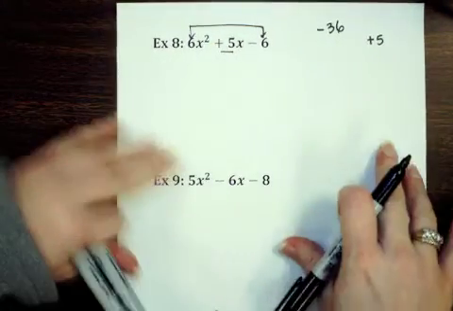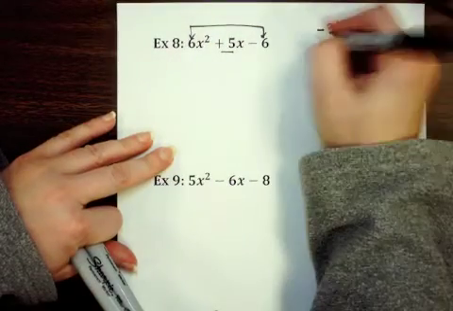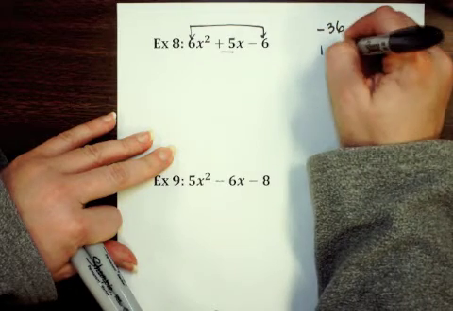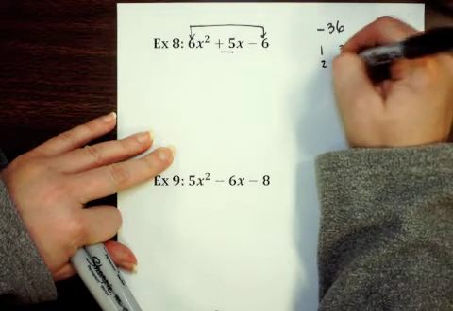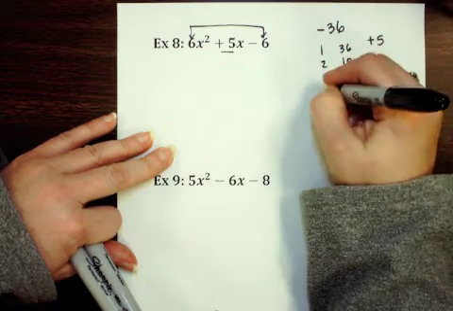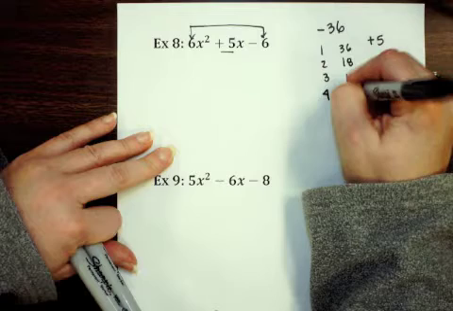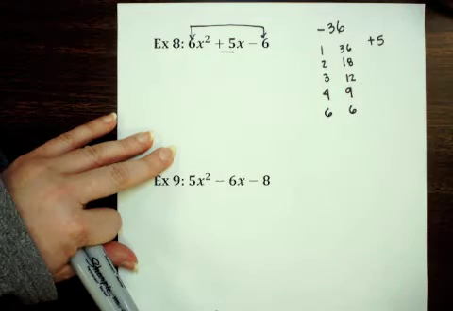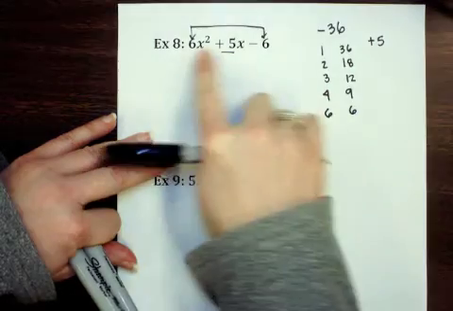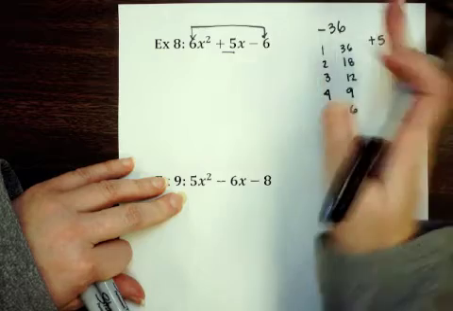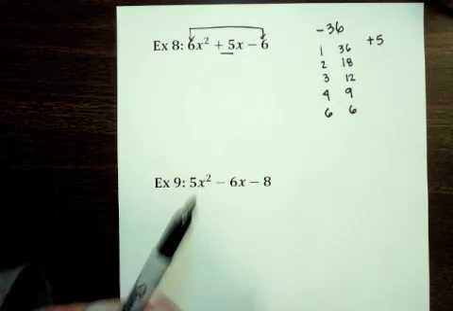So I'll go through. Again, if you don't know, it'd be 1 and 36, 2 and 18, 3 and 12, 4 and 9, and 6 and 6. That's an exhaustive list. That's going through every last number that'll give me 36. Again, signs are different, so I'm going to have a negative column and a positive column.